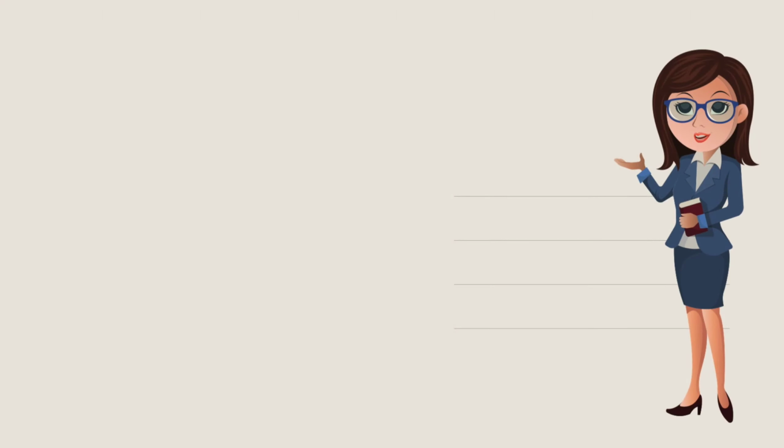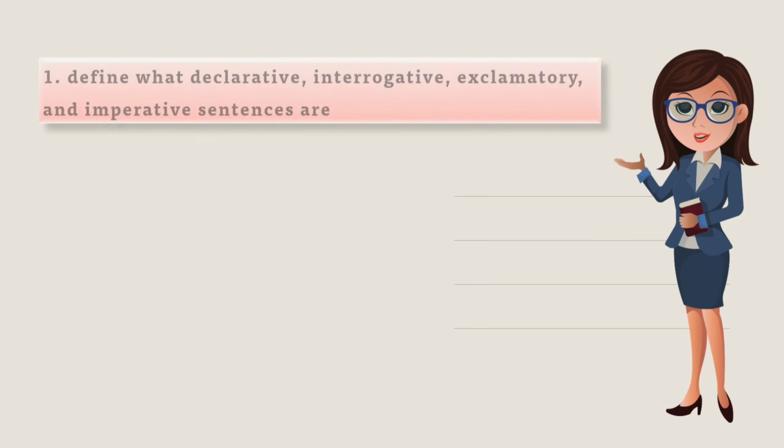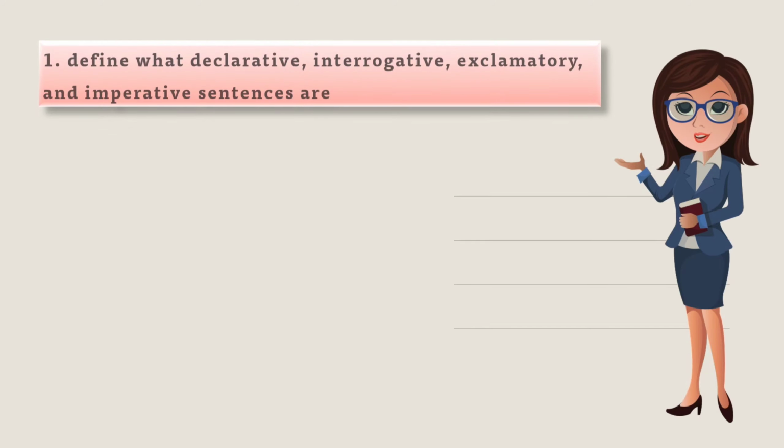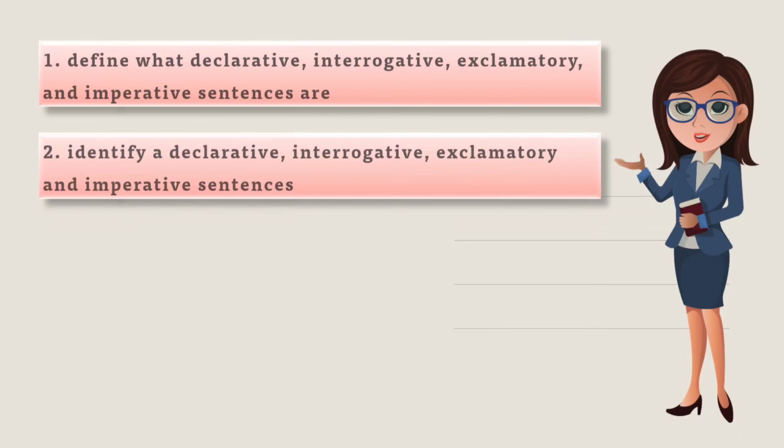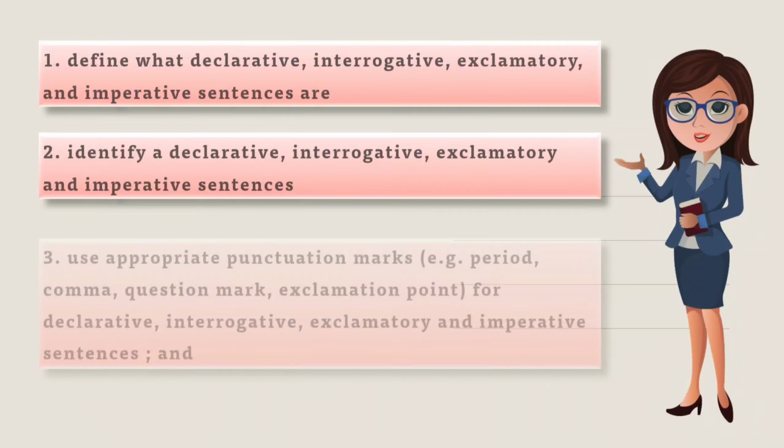Moreover, in this lesson, you will learn concepts and do practice activities that will help you to do the following. First, define what declarative, interrogative, exclamatory, and imperative sentences are. Second, identify declarative, interrogative, exclamatory, and imperative sentences.